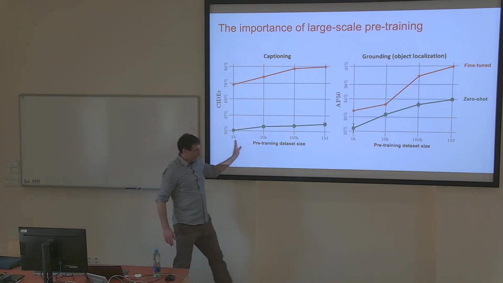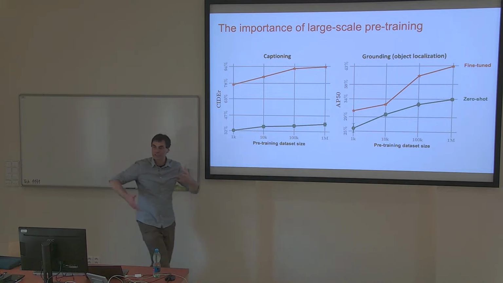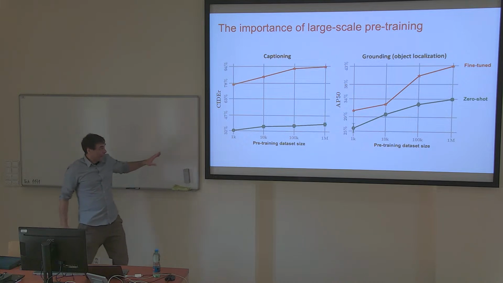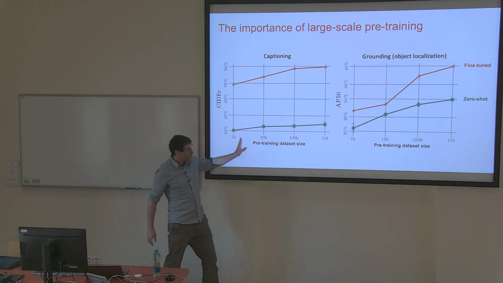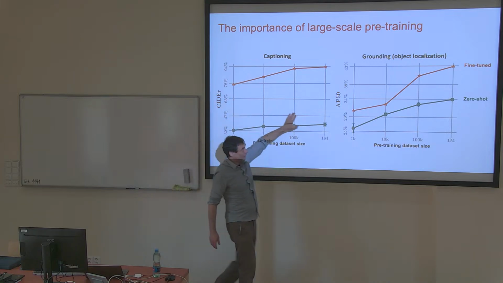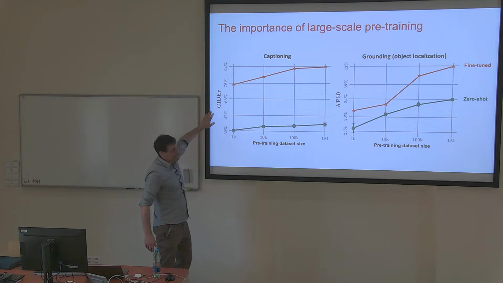So this is pre-training data size, how much of this data we annotated in this automatic manner. We also combine it with the manual data, which is clean, and so more pre-training. And here are two different problems, captioning and object localization. Higher is better. This is CIDEr, one of the standard, not perfect, captioning metrics.